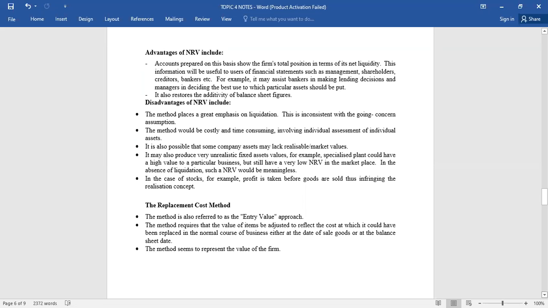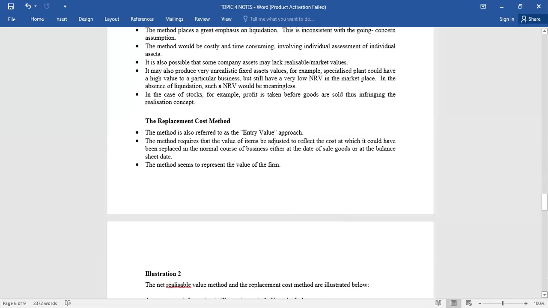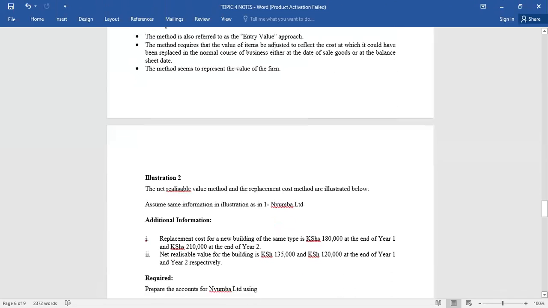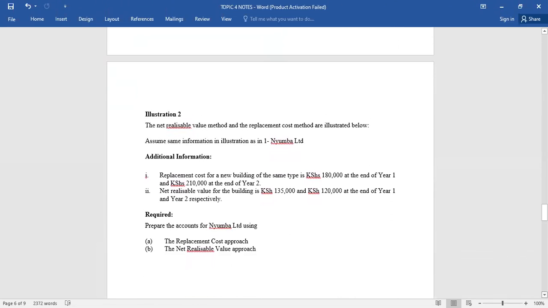We have the current value accounting, a bit sophisticated than the first three: economic, the NRV, and the replacement cost method. Now let us assume the same example. I believe you still have your illustration. Do you? You have not closed your illustration because we are riding on that.